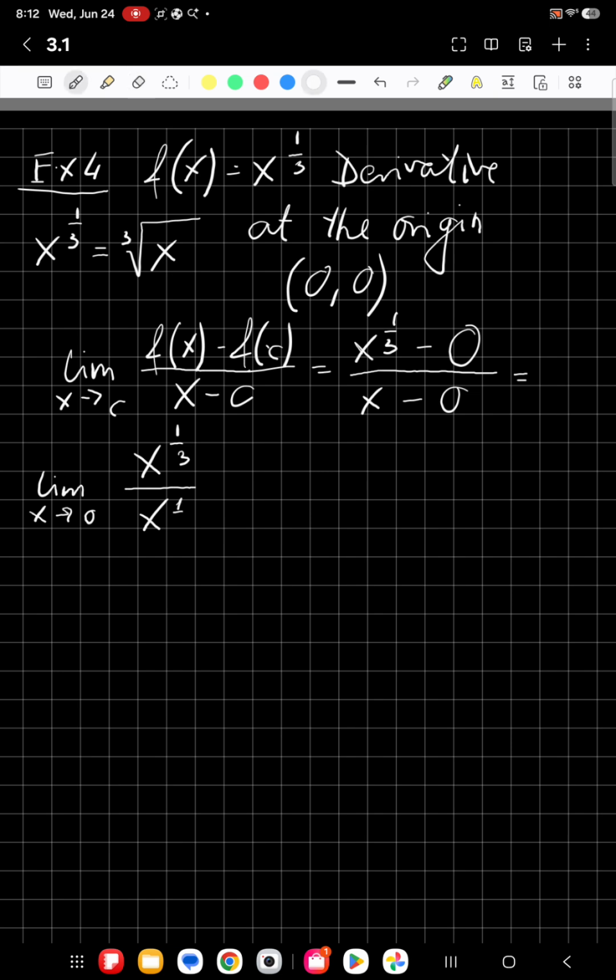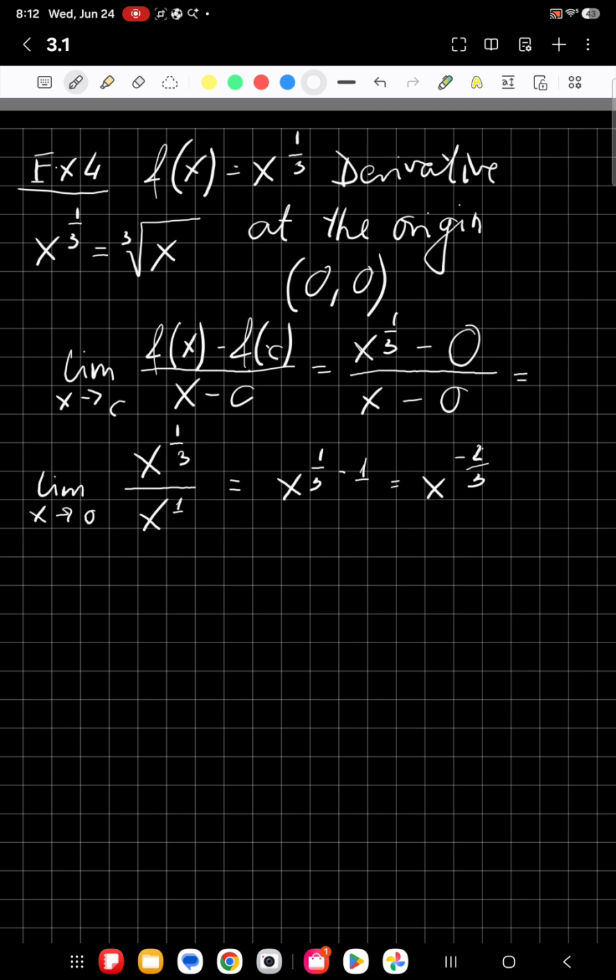To simplify this expression, we subtract the exponents. So it's going to be x to the 1/3 minus 1. Okay, so 1/3 minus 1 is negative 2/3.